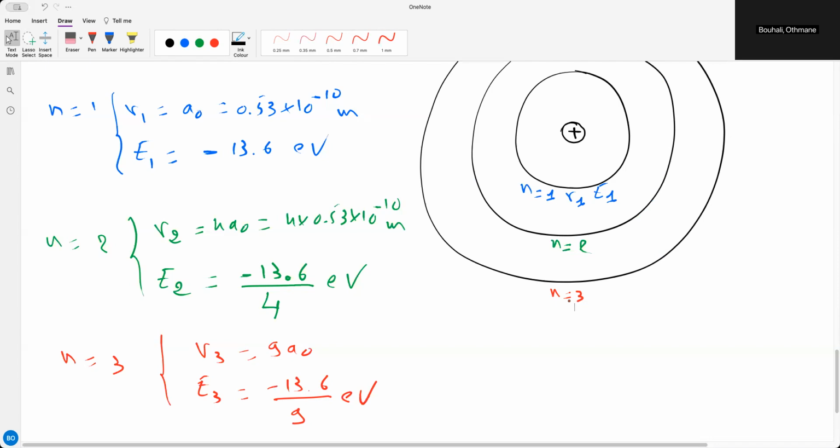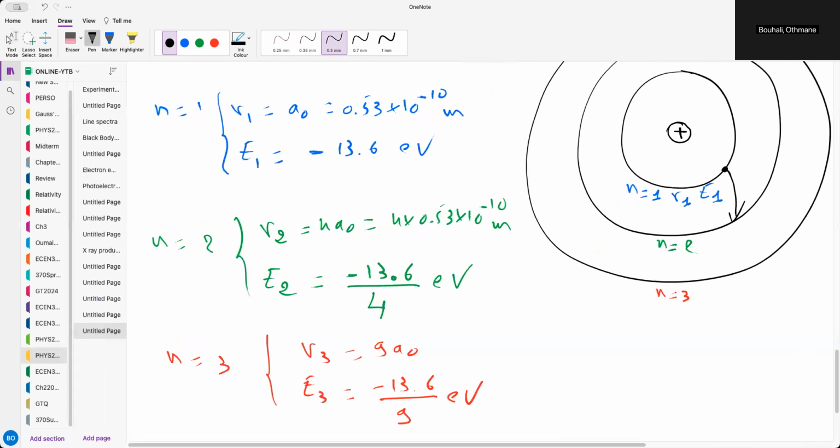Okay, now what is interesting is the second assumption. Let's see what the second assumption is. The second assumption is telling us what happens if the electron goes from one orbit to another. Let me go to a clean page.